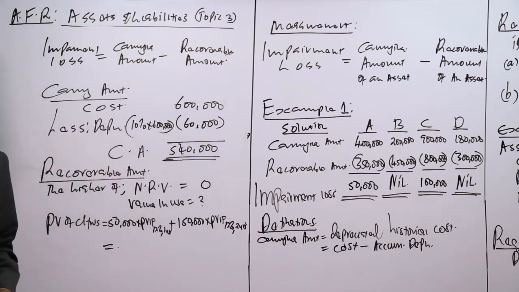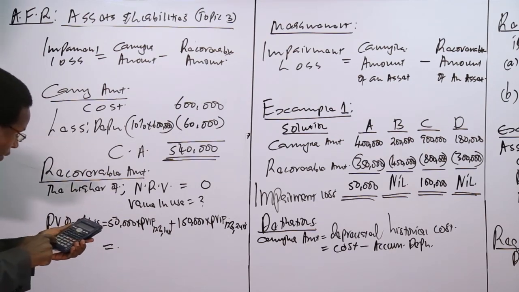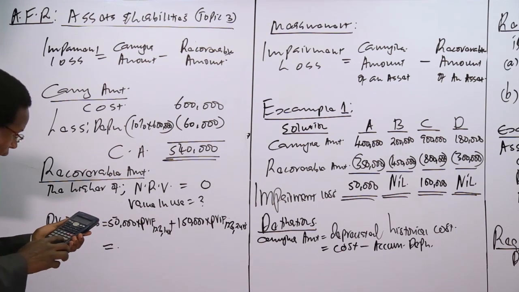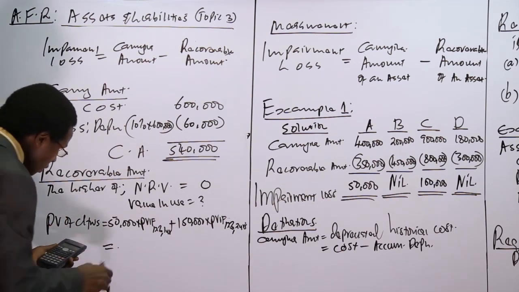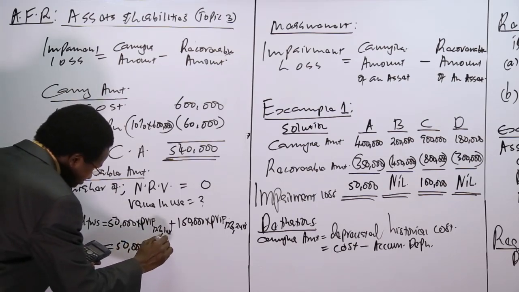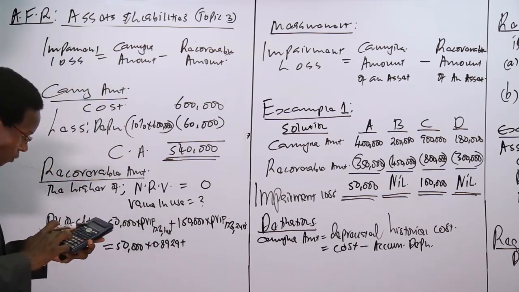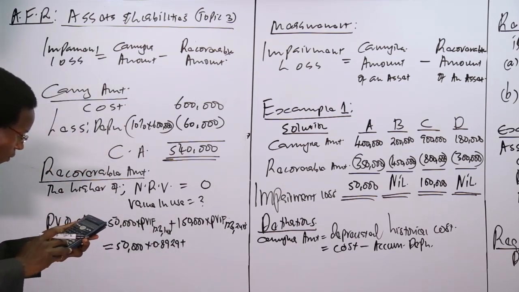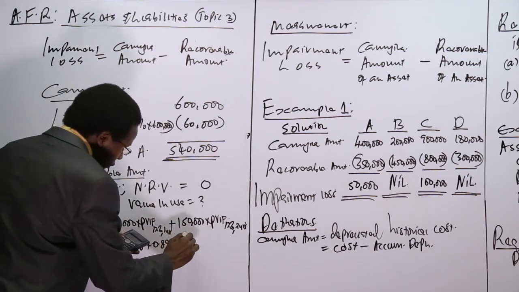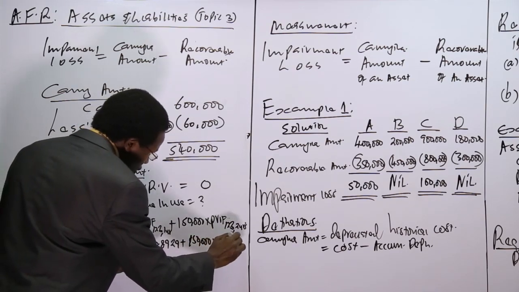So we can easily get the present value. Our discounting rate in the first place is 12%, so the discounting factor will be how much? We are going to have 50,000 by 0.8929 plus 150,000 by 0.7972.